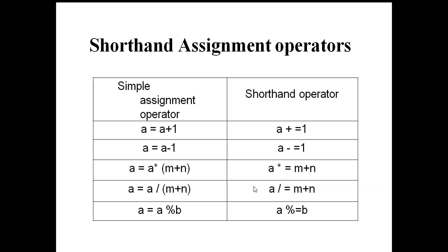A equal to a divided by m plus n can be written as a slash equal to m plus n, so the result of a divided by m plus n is assigned back to a. And we have a equal to a percent b, which is written in shorthand as a percent equal to b. So the result of a percent b is assigned back to a. That is the meaning of this statement.